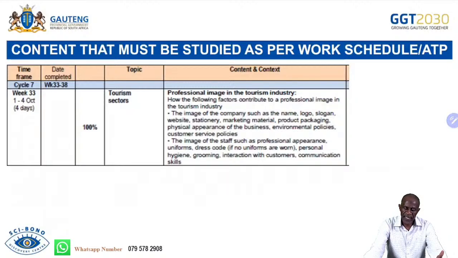We did cover professional image in the tourism industry as your work schedule dictates. And we have looked into how the following factors contribute to professional image in the tourism industry. Such factors are the image of the company, such as the name, the logo, the slogan, the website, the stationery, marketing material, the product packaging, the physical appearance of the business, the environmental practices, as well as customer service policies.